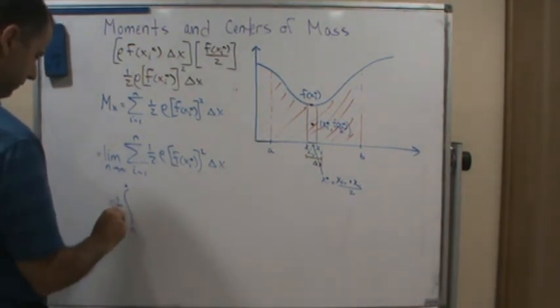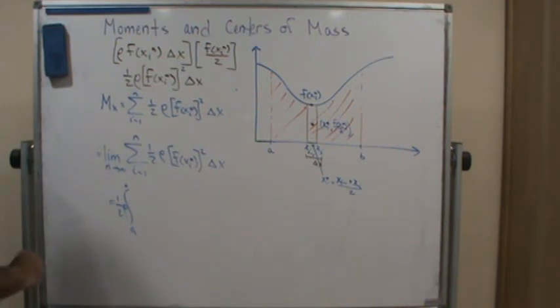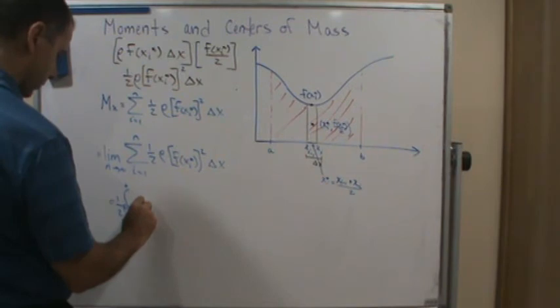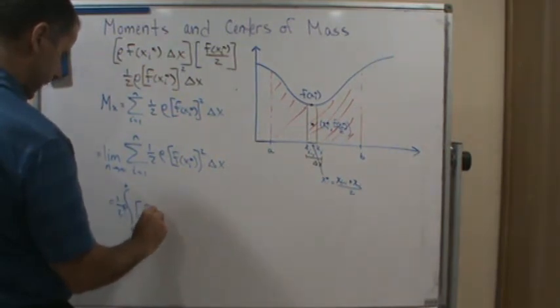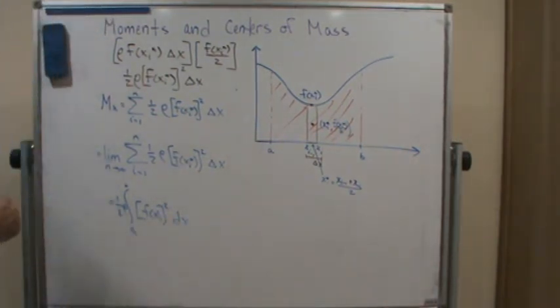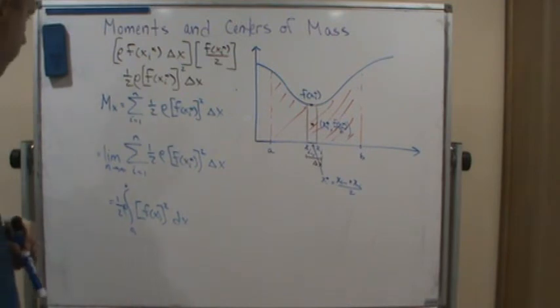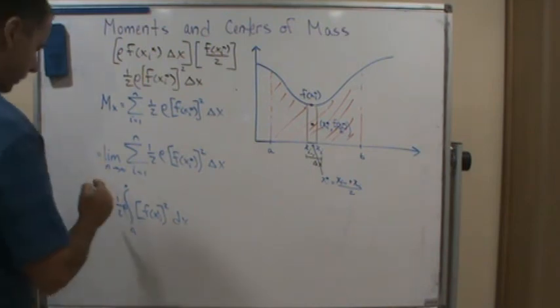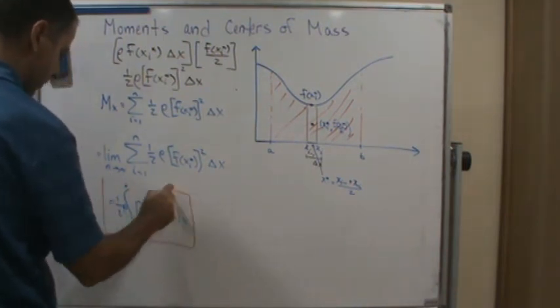I'm going to take 1/2 rho outside, and this gives me f of x squared dx. And that's it. That's our m sub x now. Okay, so that's another piece.